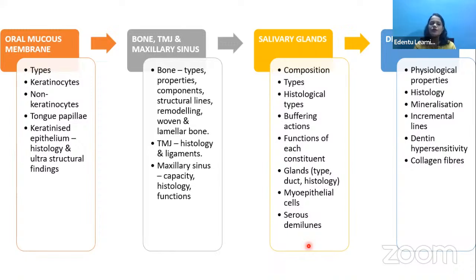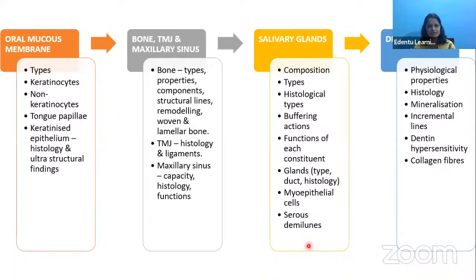In the oral mucous membrane, definitely you should look at the types of the oral mucosa. Based upon the location, they are classified into masticatory mucosa, lining mucosa, and specialized mucosa. All those divisions are given, and based upon the histological features, they are classified into keratinized and non-keratinized epithelium.